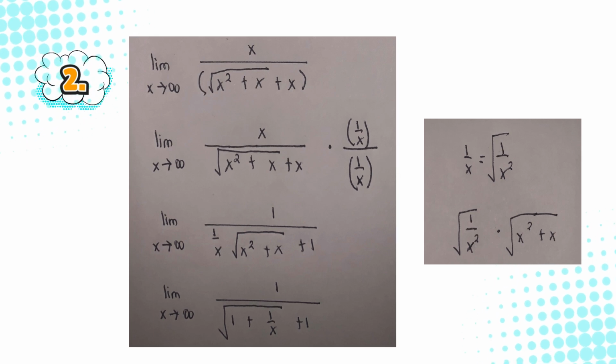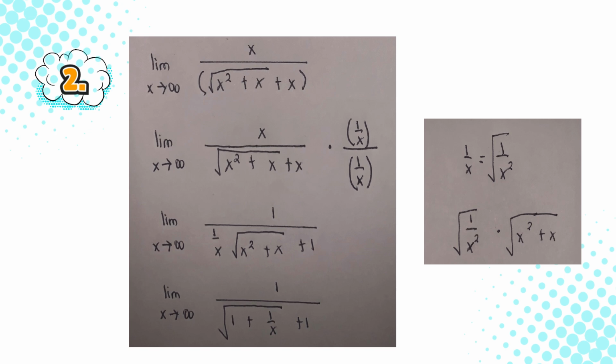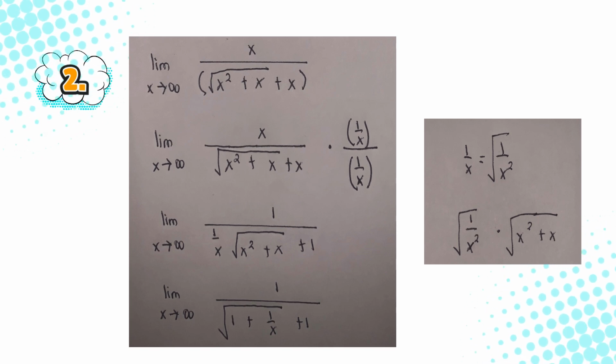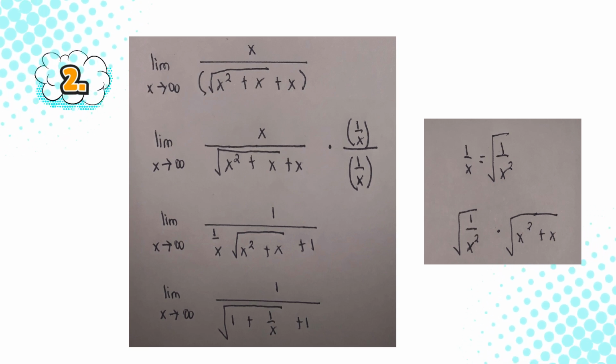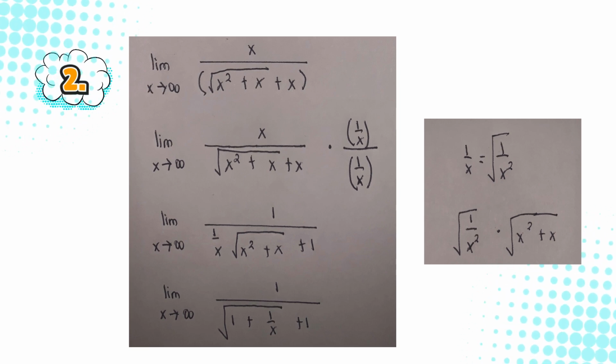x multiplied by 1 over x is x, divided by 1 over x times the square root of x squared plus x, plus 1.